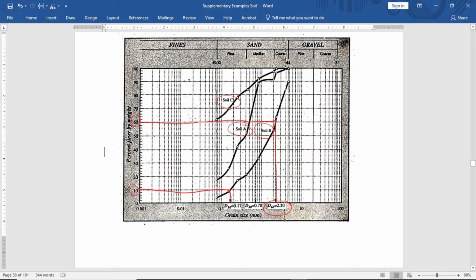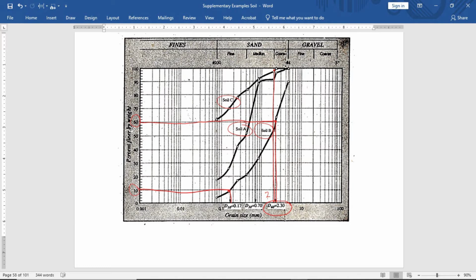So, 0.01. Tapos, lalabas is, kung 2.3 dito, ito yung 2. Dito yung 2 natin.